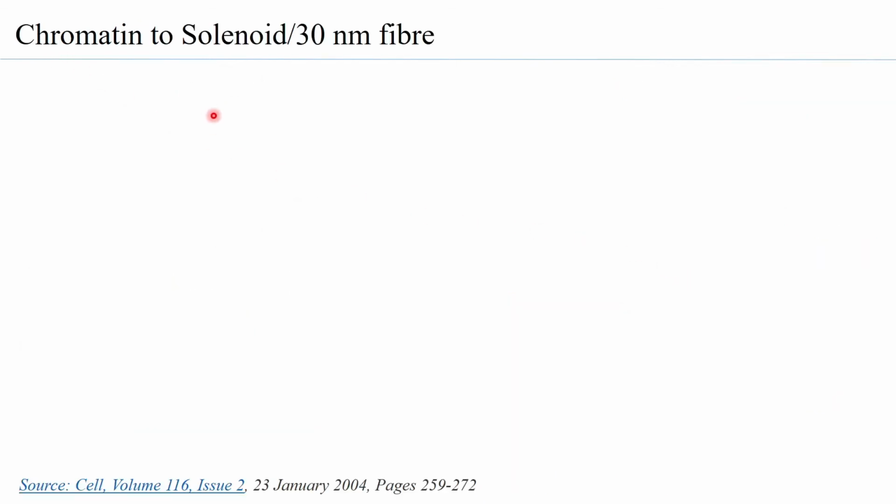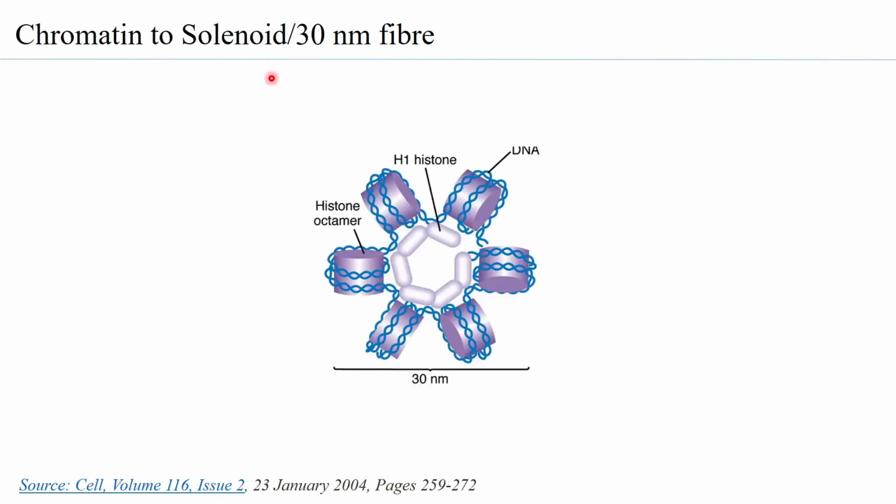Now let us go to the next level of condensation, where chromatin is going to condense further to form what is called a 30 nanometer fiber, and many a time it is also called the solenoid form. Now this is what the solenoid form looks like. As you can see over here, you can have six core nucleosome particles with the core DNA coming into a loop, and this loop looks like a solenoid.